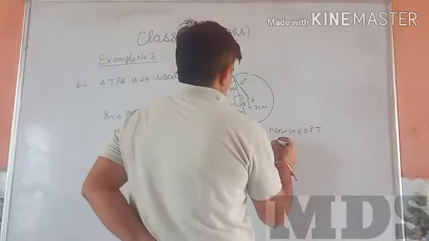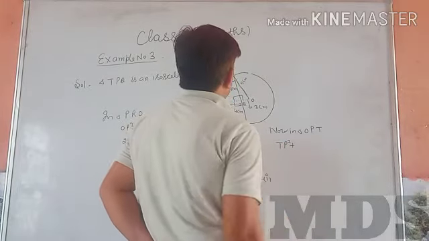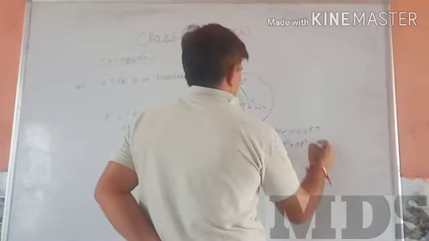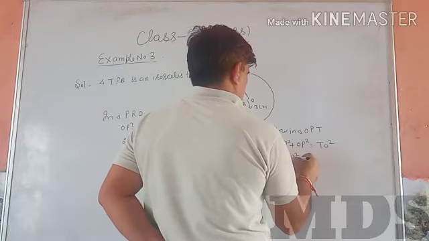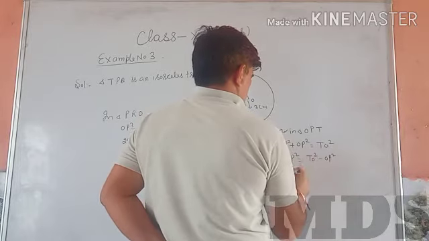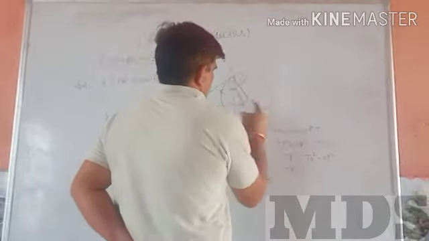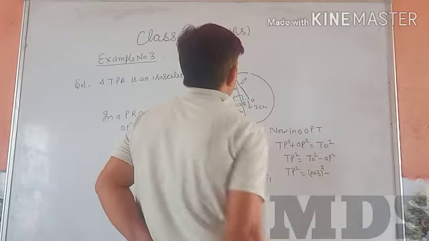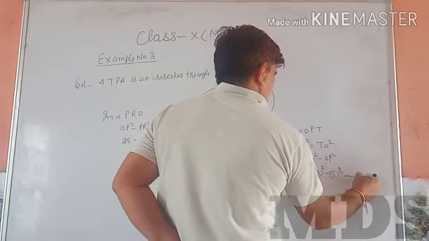So TP square plus OP square is equal to OT square. So TP square is equal to OT square minus OP square. This is X and this is 3, so TP square is equal to X plus 3 whole square minus OP square. OP is how much? 5. This is second.